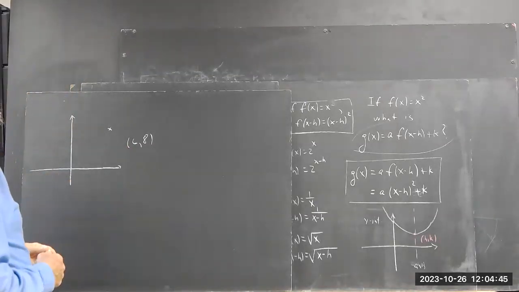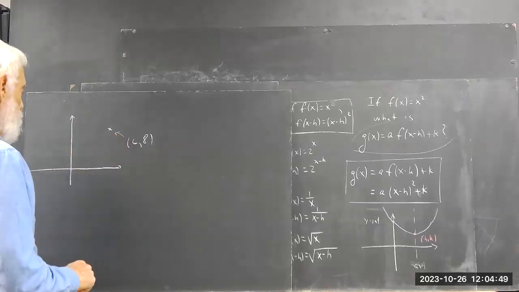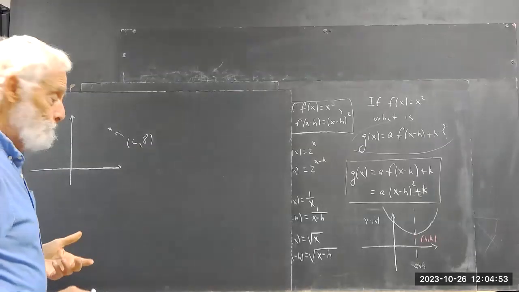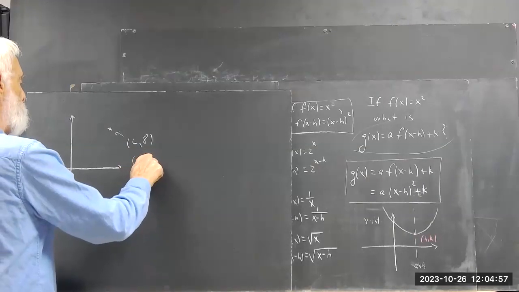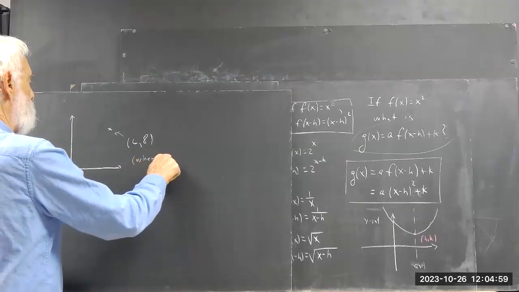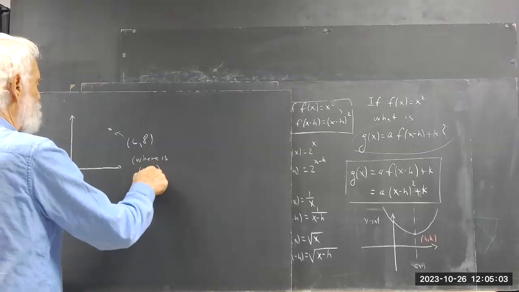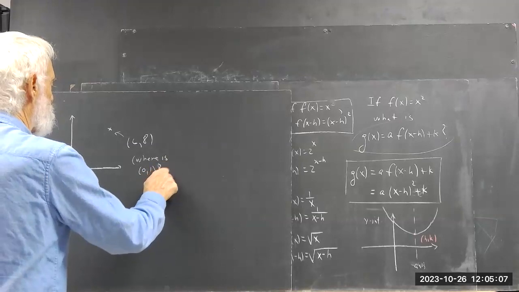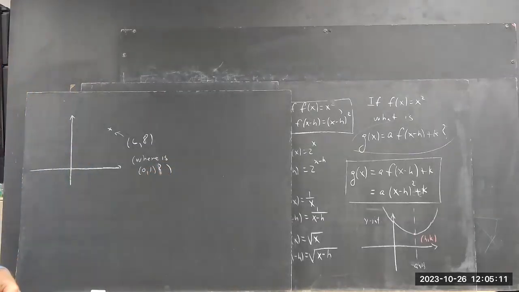So I'm going to ask you to go ahead and sketch that graph, label the point (6, 8), and show me where the point (0, 1) is. Here's the point (0, 1).